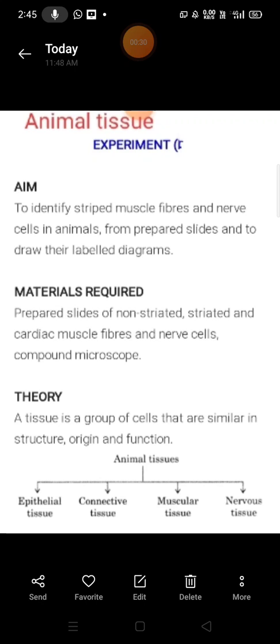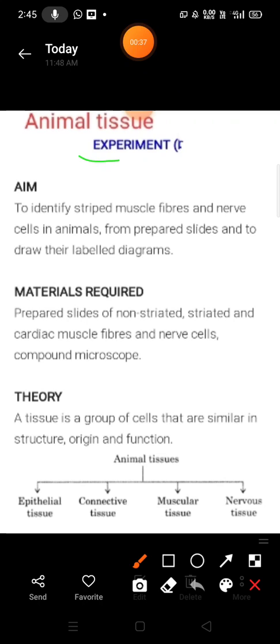So students, any experiment starts with the experiment number or heading. Then every experiment starts with the aim, material required, and theory. So first, what is the aim of the experiment?